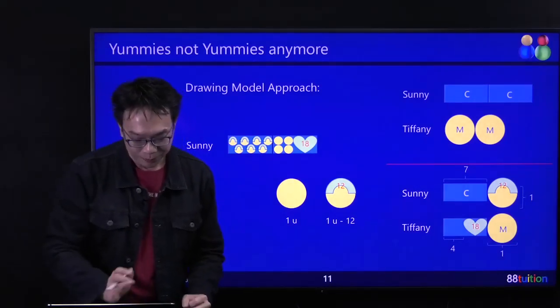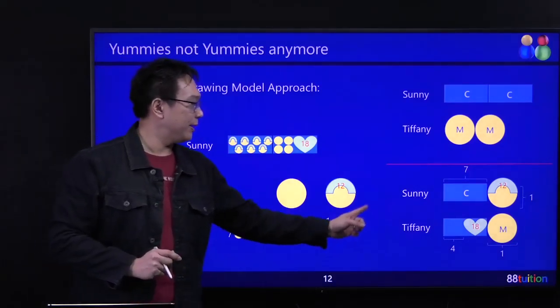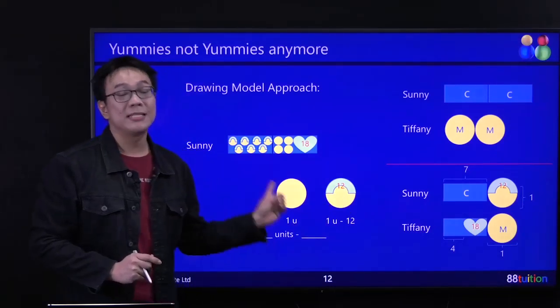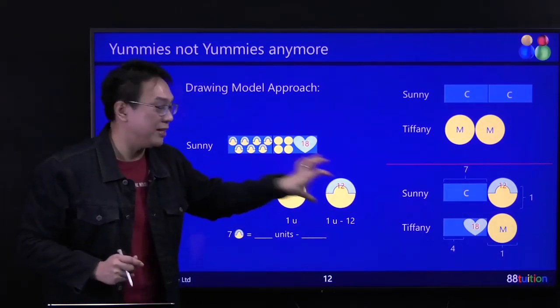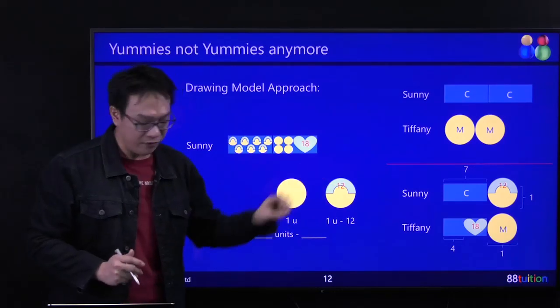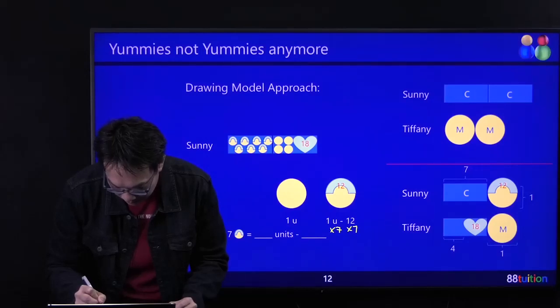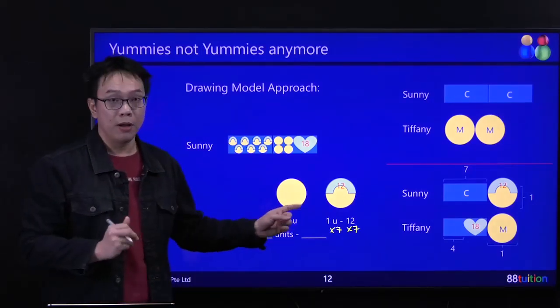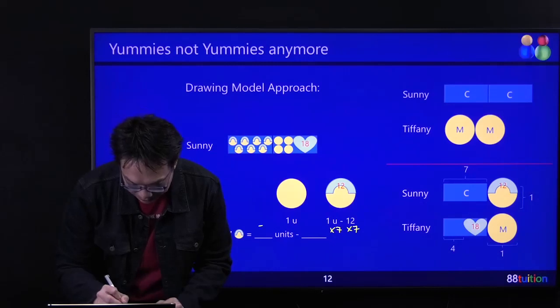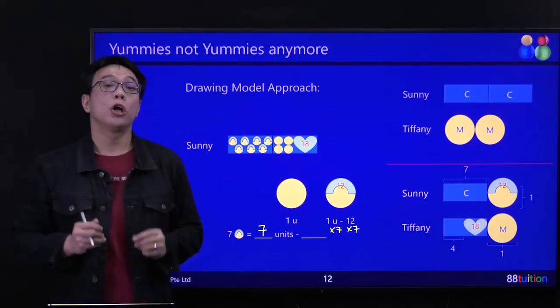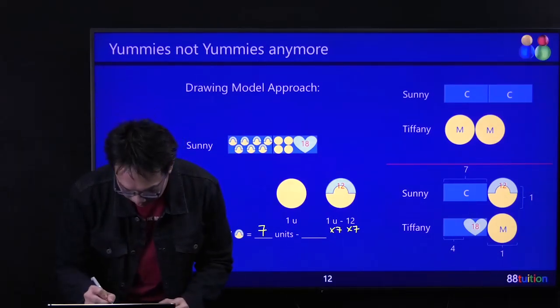We know that 1 Pokeball is 1 unit minus 12. 7 Pokeballs means got 7 of this. If you got 7 of this, isn't it down here you have to times 7? Times 7, times 7. Got 7 of this Pokeball. So 1 unit times 7 is 7 units. Can? 12 times 7 is actually 84.